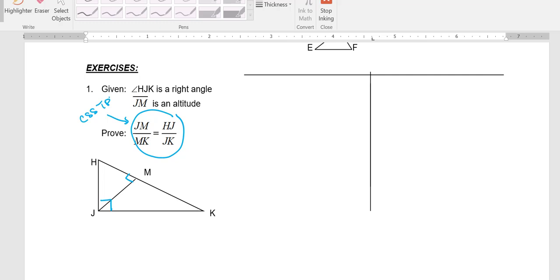Okay, so let's take a look at this. It looks like you're going to start out, and you have to kind of figure out which triangles are going to be similar to give you this.